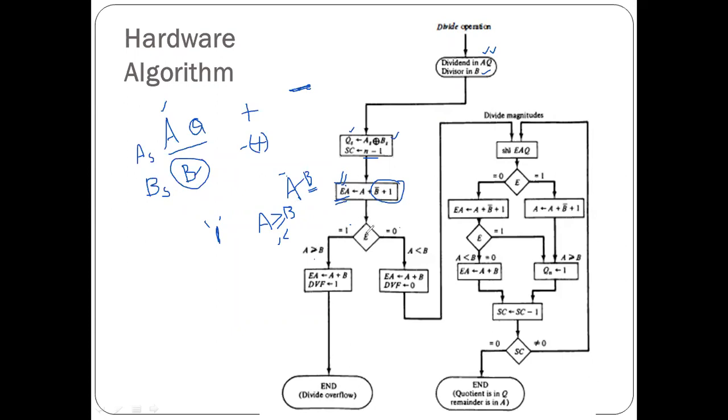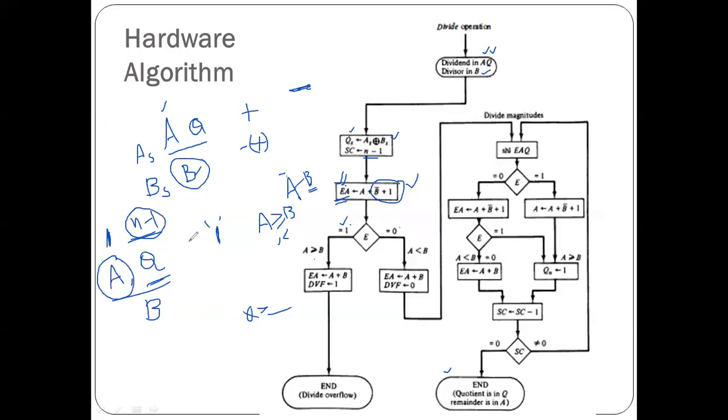So whenever at this stage itself E results in 1, it means A is greater than or equal to B. It means the quotient will be greater than the specified number of bits available in Q. See, because A and Q, two registers, are already there, and we are dividing it by B. Here itself, we got one extra term, and by dividing Q by B, we may get n minus 1 extra bits.